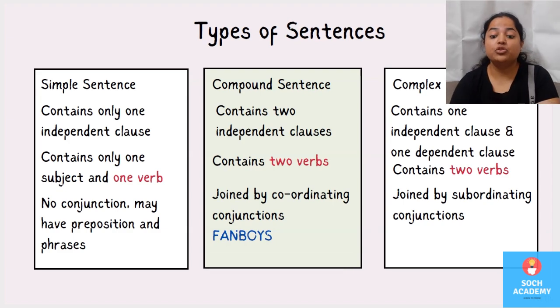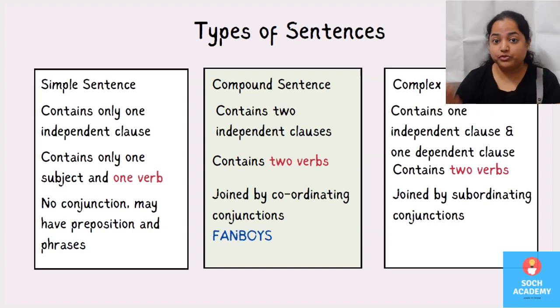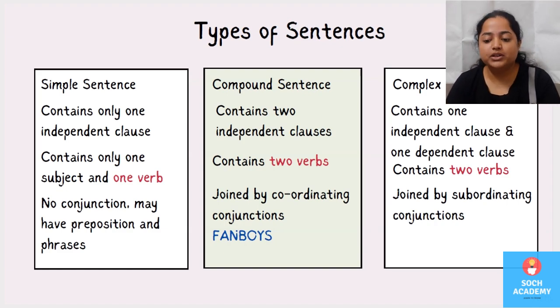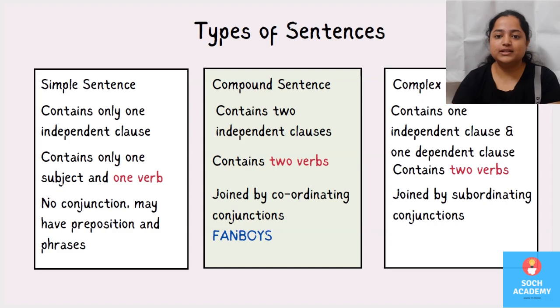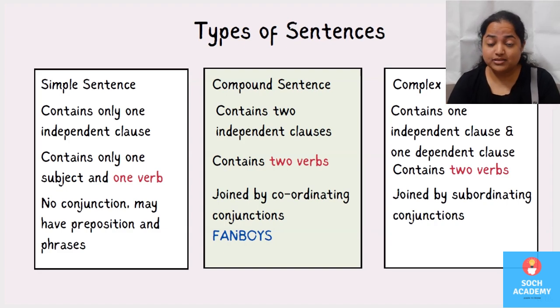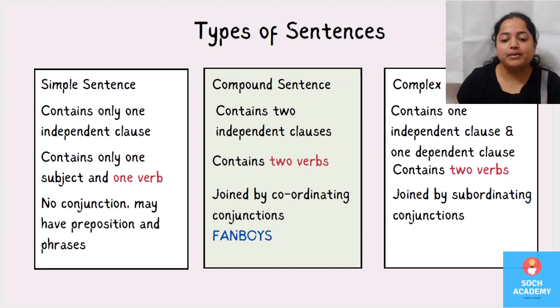And if it does not have a conjunction from the FANBOYS, it has some other conjunction, then that conjunction is most likely a subordinating conjunction. So if a sentence is joined by a subordinating conjunction, then it is a complex sentence. Easy? Let's have a look at the example.